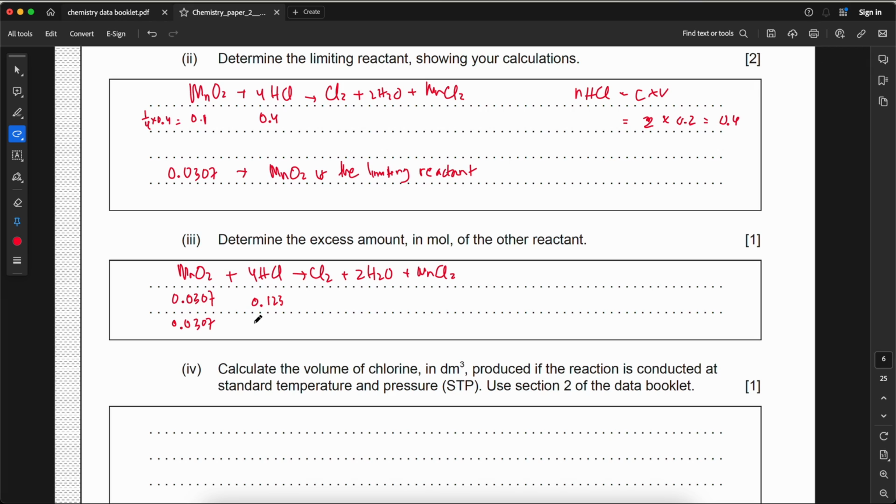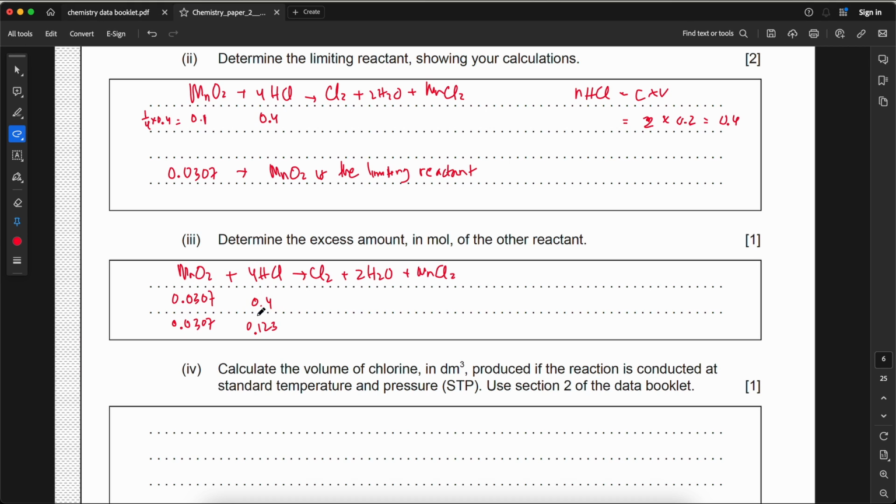So we minus this, for mole of HCl, it's 0.4 after we calculate from here. So only 0.123, just now 4 divided by 1 times 0.0307.